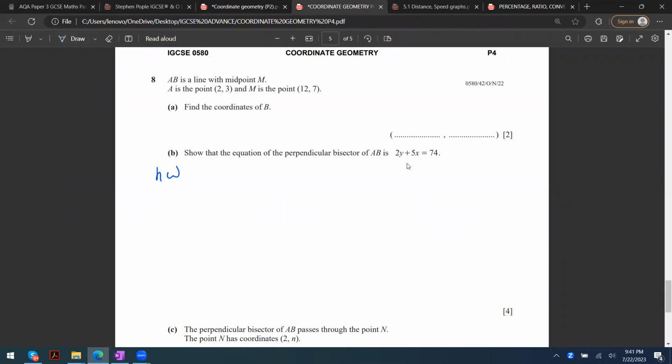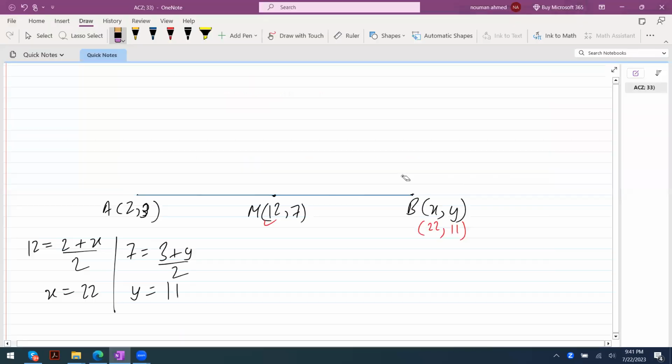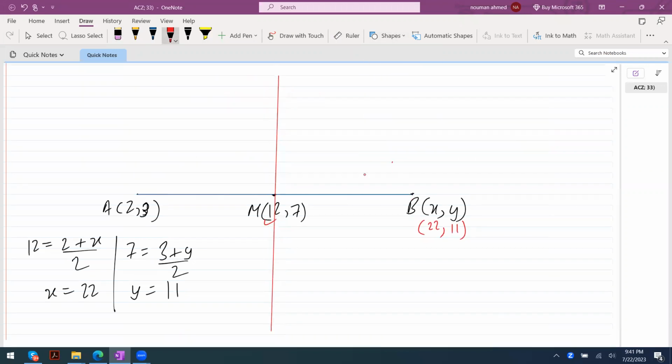Okay, we're just going to pick this equation. I'm going to put it here. Okay, I'm going to draw the perpendicular bisector. A little tilted, never mind, but it is 90 degrees, and the equation is 2y plus 5x is equal to 74.